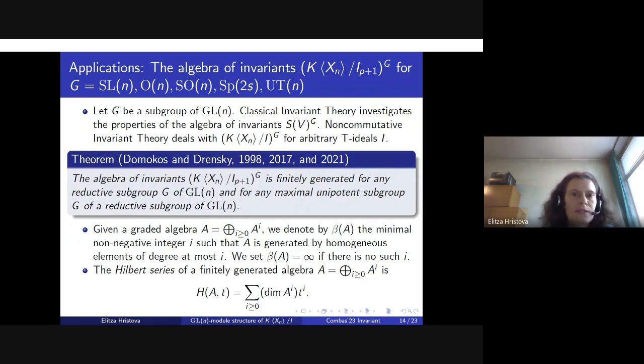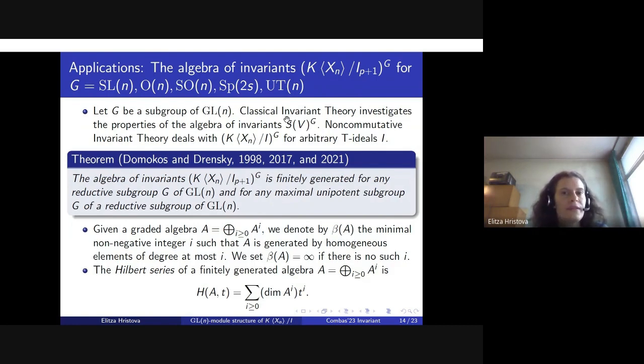The idea is to generalize classical invariant theory, because the main object in classical invariant theory is the symmetric algebra S of V, and then we consider the algebra of G invariants in S of V, where G is any subgroup of GLN. And classical invariant theory investigates the properties of this algebra.